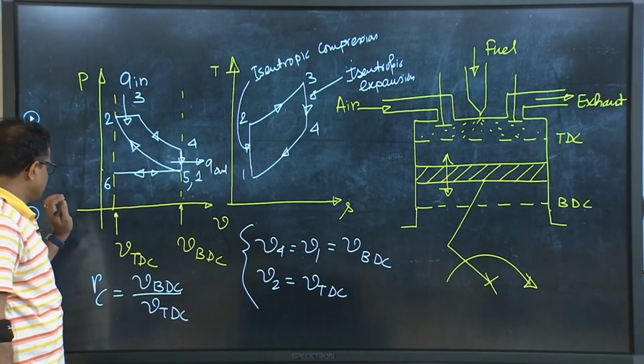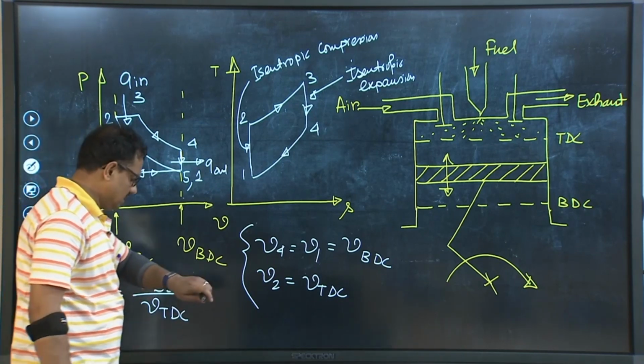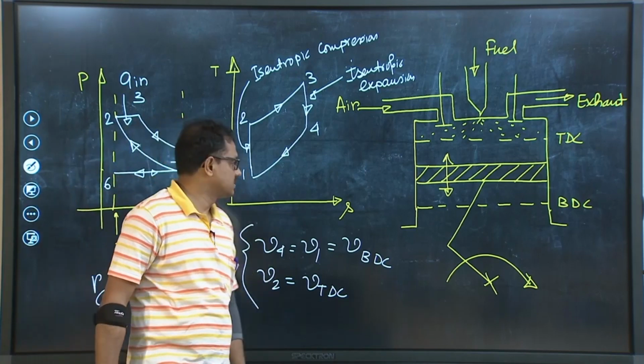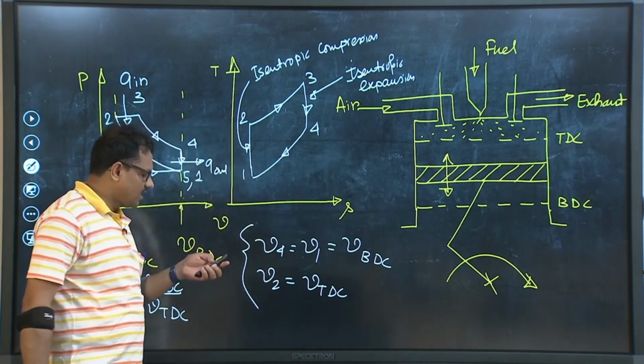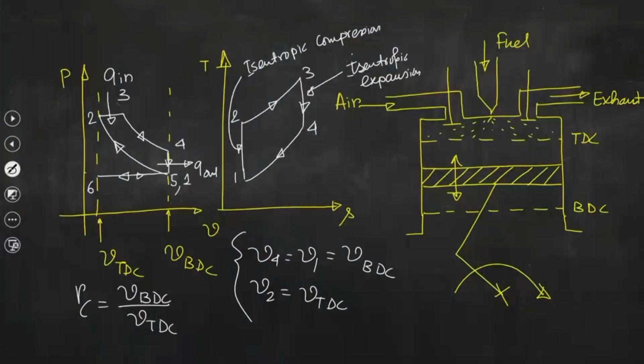Now, we can go for the calculation of the thermal efficiency, right. One thing I would like to tell you is that here process 2 to 3 is basically the combustion process, and this process is represented in this PV plane by a constant pressure heat addition process, and in this process we can see from this PV plane that there is a change in volume, right.